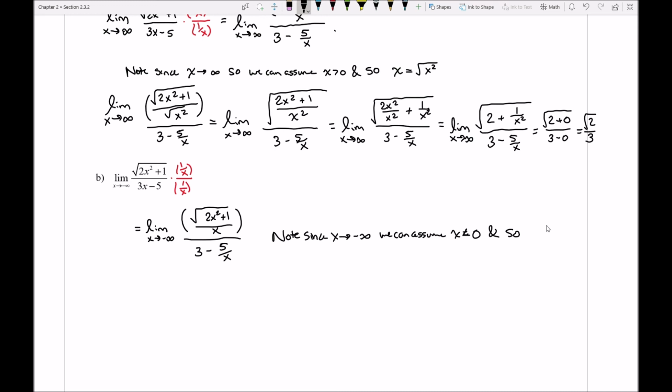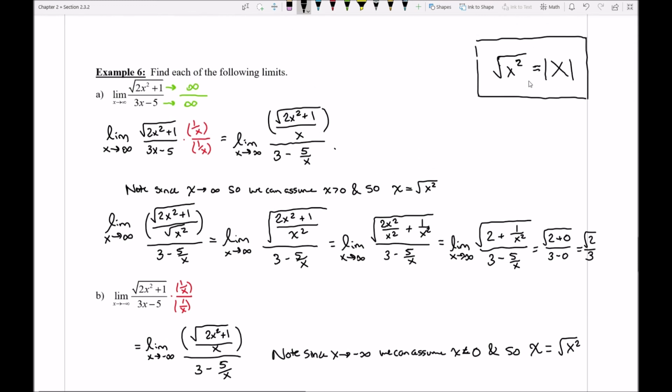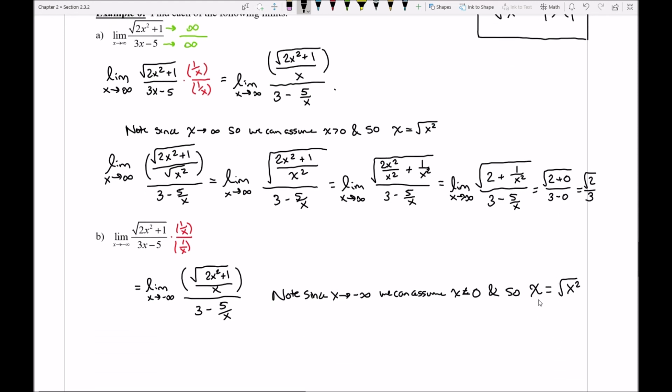And so I can state, or at least know, that x equaling square root of x squared is not actually going to be correct, right? Because we already saw this when we looked at the example of x being negative 2. It's supposed to be that I have absolute value of x over here.